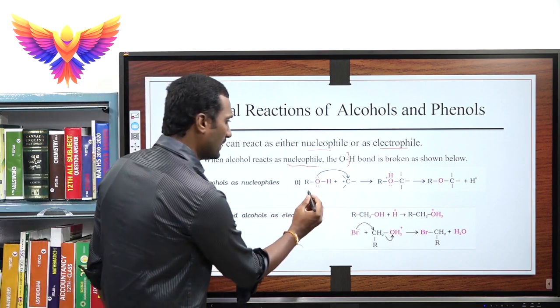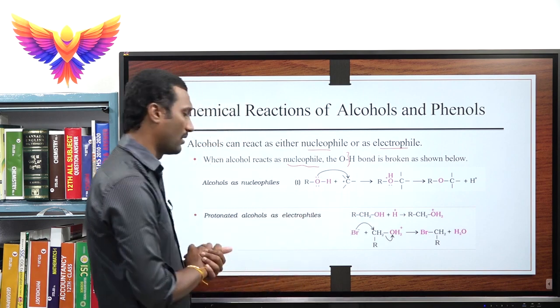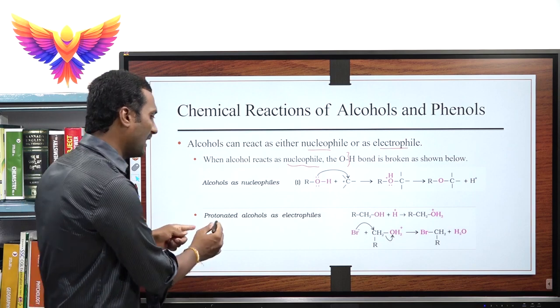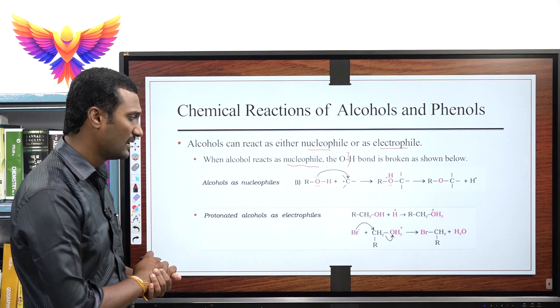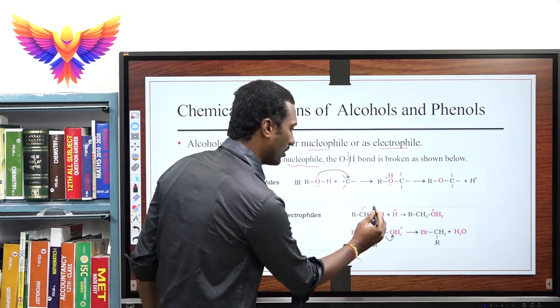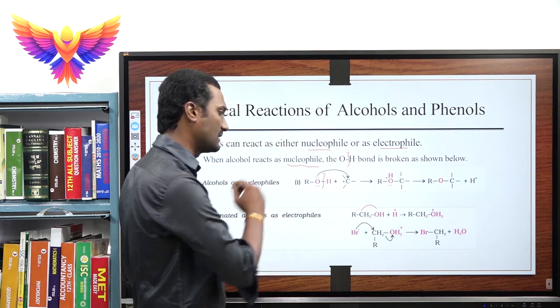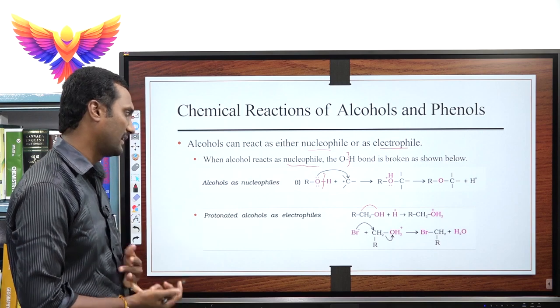You can observe here the bond between the oxygen and hydrogen is broken to act as a nucleophile. At the same time, when an alcohol acts as an electrophile, the bond between the carbon and oxygen is broken.